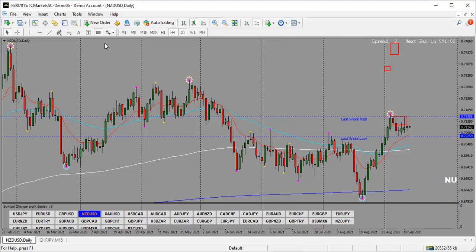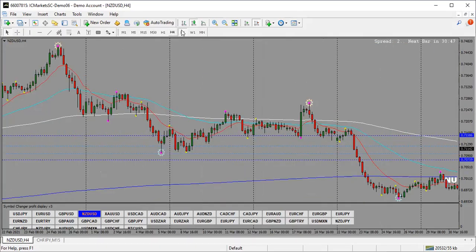Let's see what we have here. I think it's on an IOF zone. So this is a good one. So this H4 is still valid.